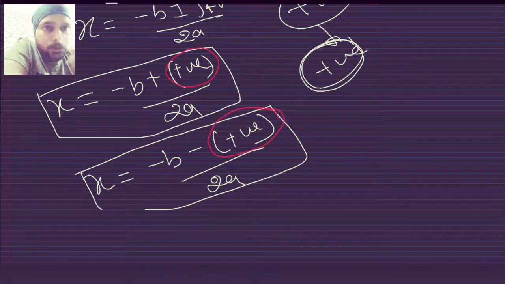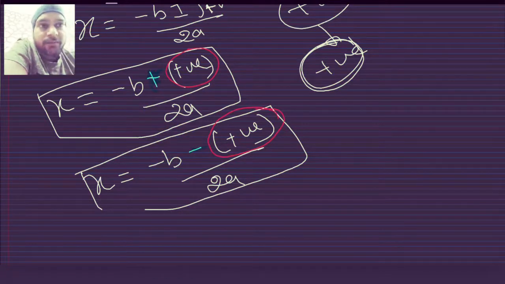So when you add a positive number to minus b, you are going to get some value, right? And when you subtract a positive number from minus b, you are going to get some other value.